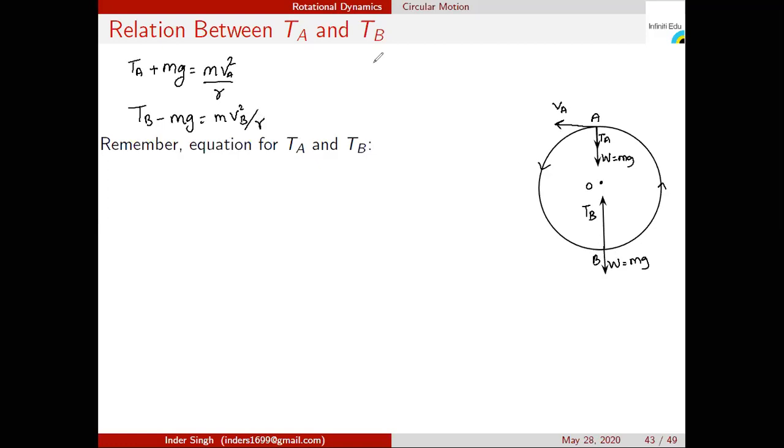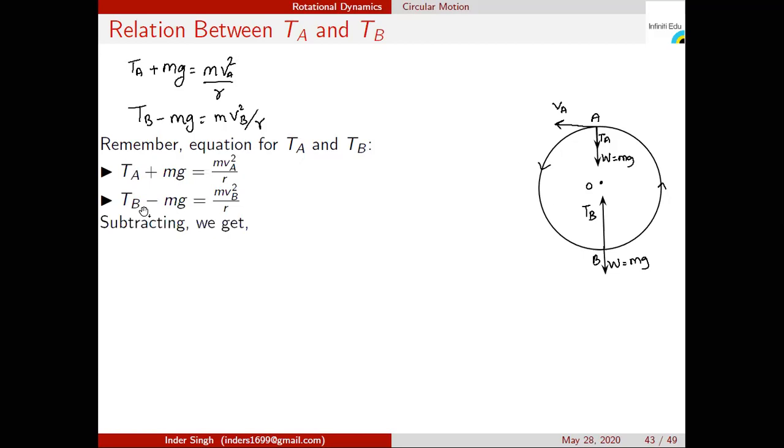Okay, so let us check that we have written the same thing. If you remember the equation of TA and TB, TA is equal to this. So this is correct. TB minus mg is equal to mvb square divided by r. And the relation between TA and TB can be obtained by subtracting these two equations.